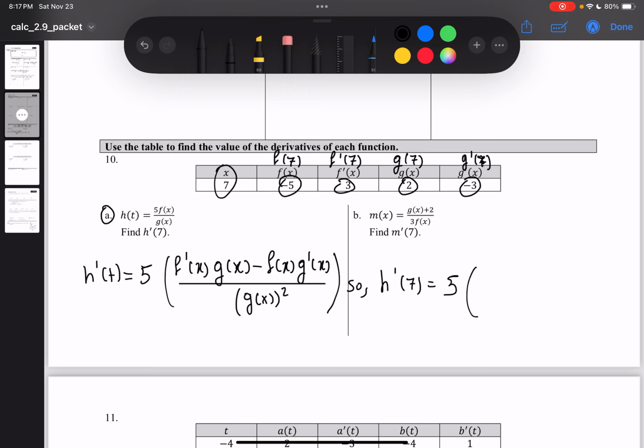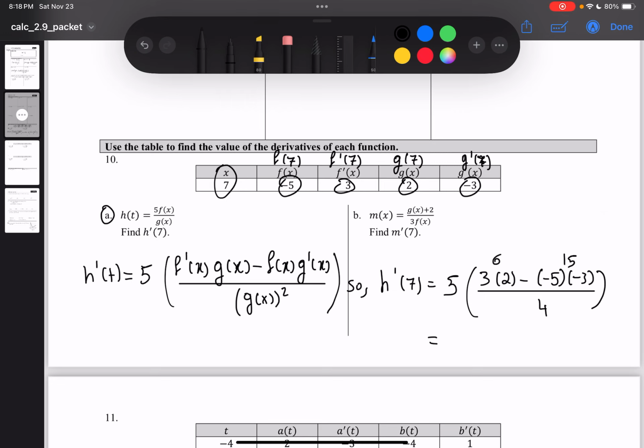Now, f prime of 7 is basically 3. G of 7 is basically 2, minus f of 7 is basically negative 5, and g prime of 7 is basically negative 3, over g of 7, which is 2 to the power of 2, which is going to be our 4. So 3 times 2, this is going to be 6.